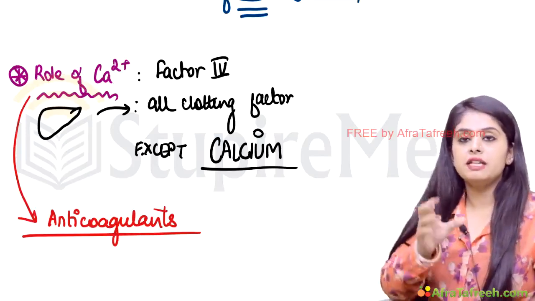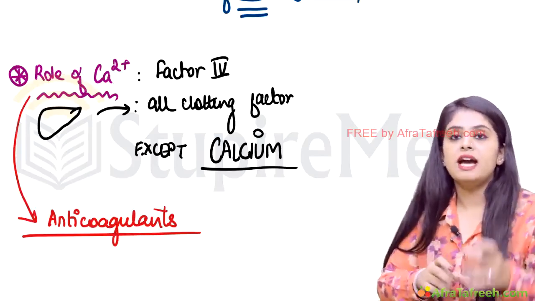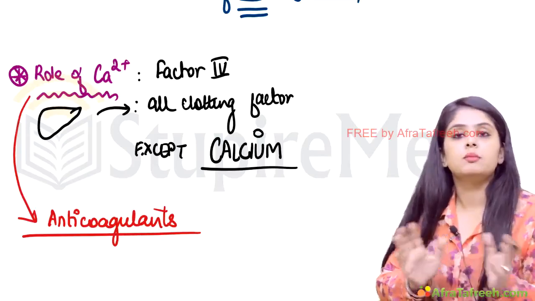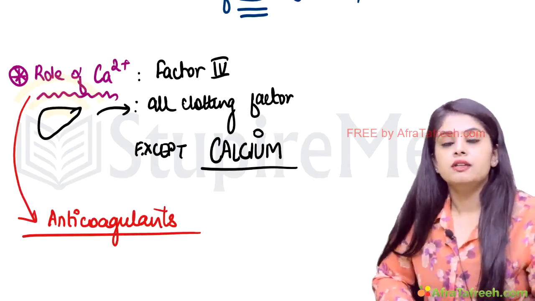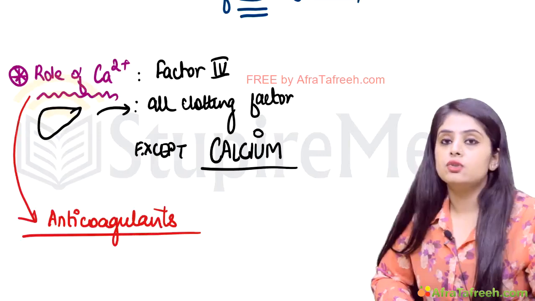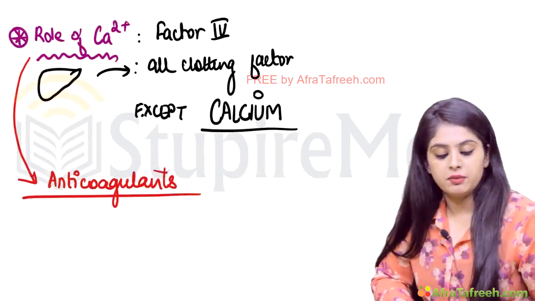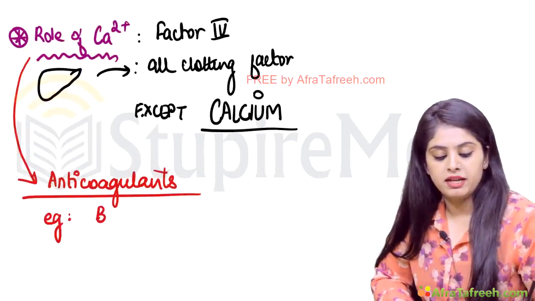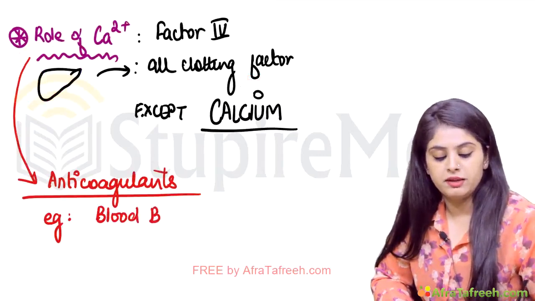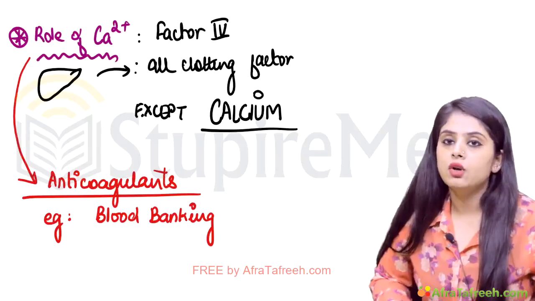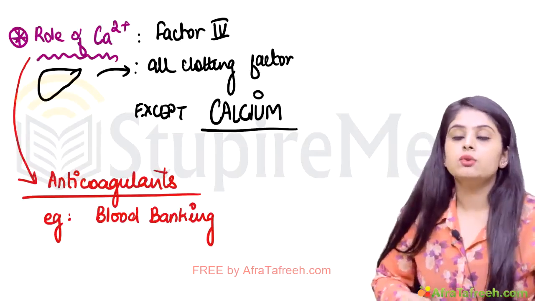What do they do? When we take a sample of blood and we add an anticoagulant to it, the blood will not clot. In which scenario do you want the blood should not clot? For example, in blood banking. You do not want the blood to clot, right? So what are you going to do?